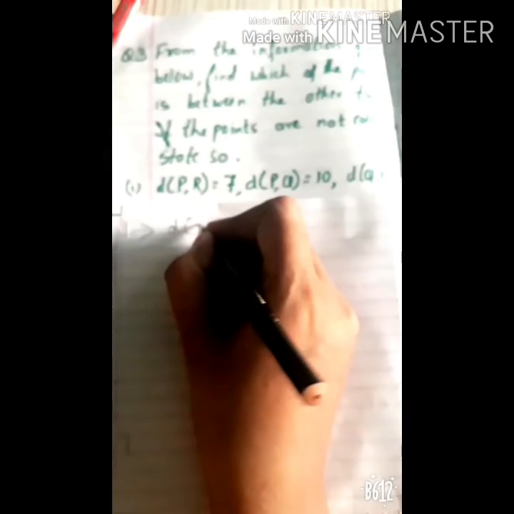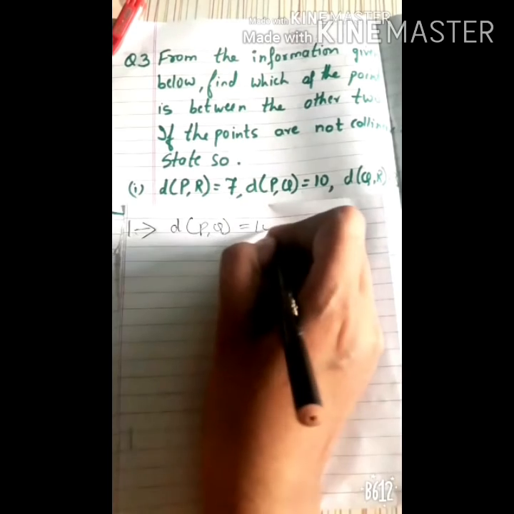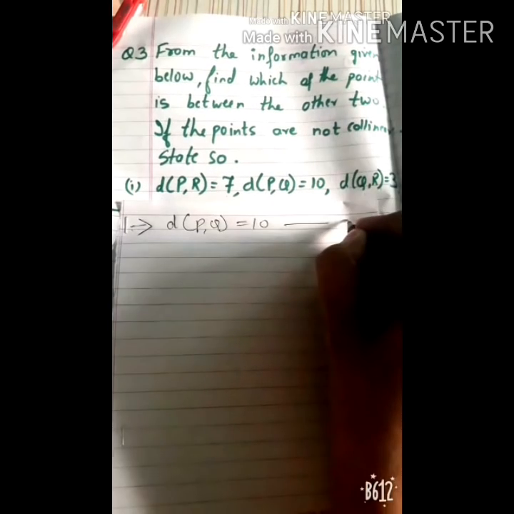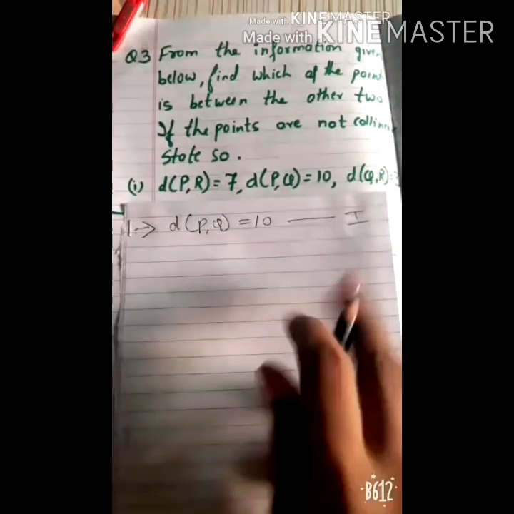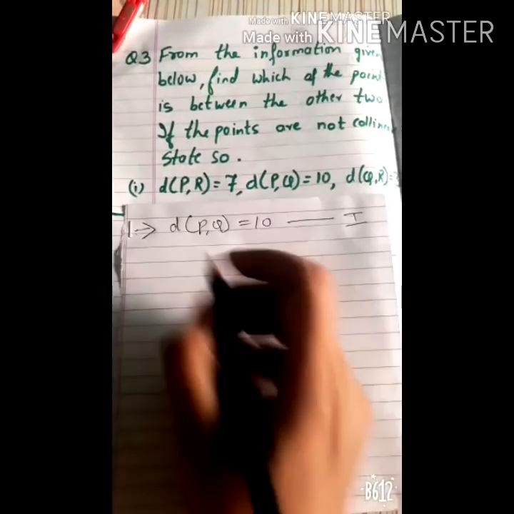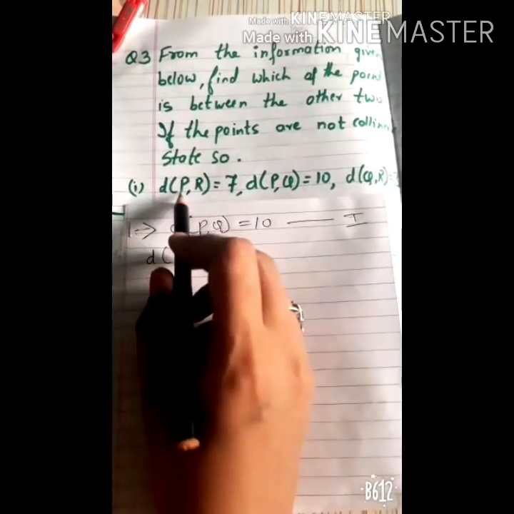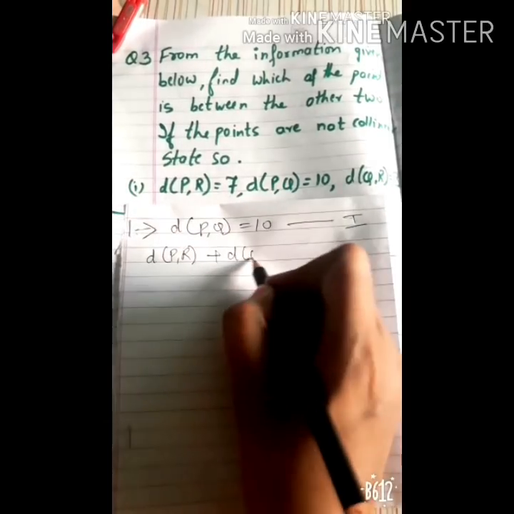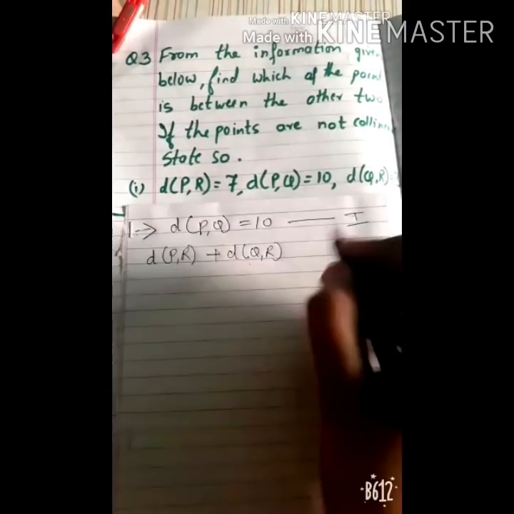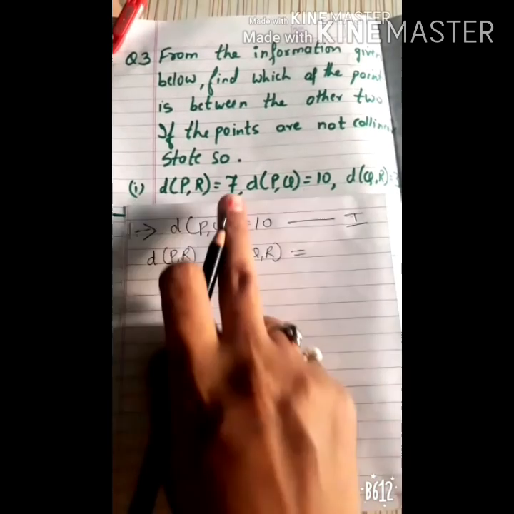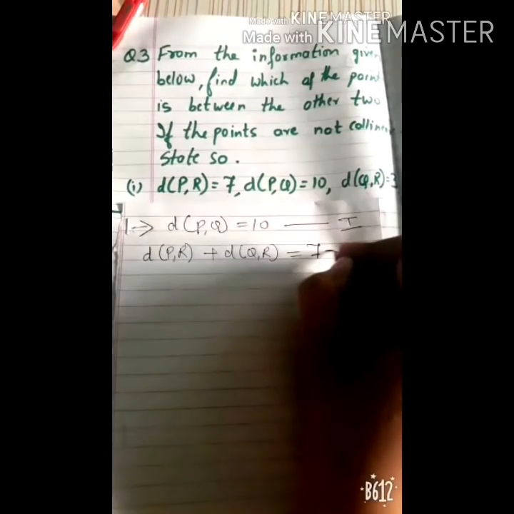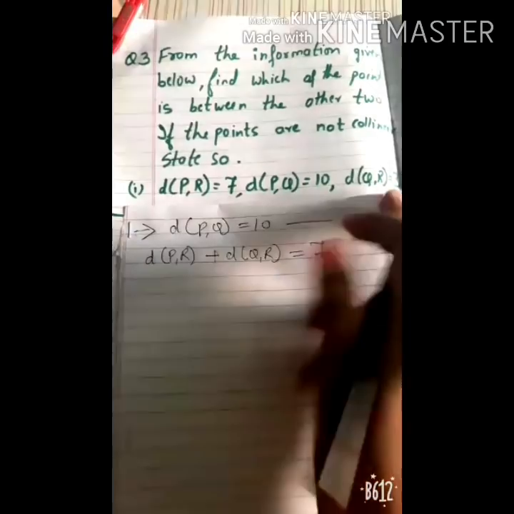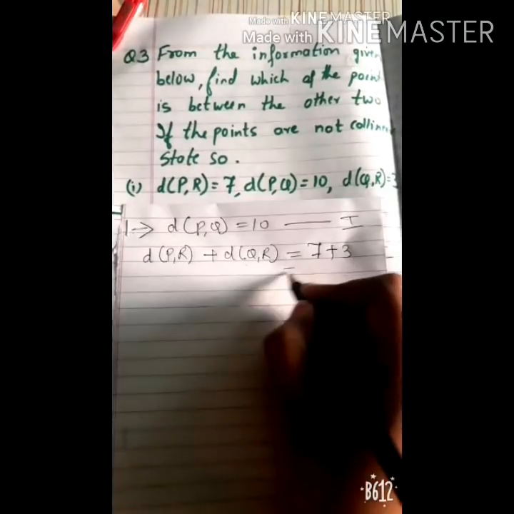The distance PQ is given as 10, which is the largest one. We will call this equation number 1. The distance between P and R plus the distance between Q and R, the remaining two distances: PR is given as 7 plus QR is given as 3. 7 plus 3 is 10.